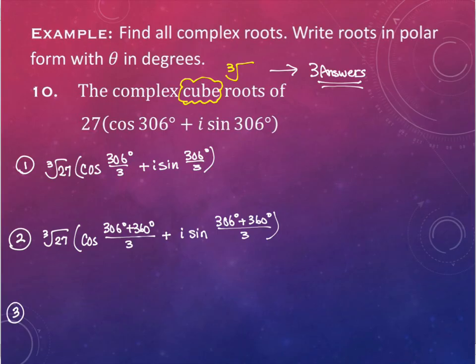Answer number 3, still going to have the cube root of 27 at the beginning. And what's going to happen now is that I'm going to have the cosine, and instead of it being 306 plus 360, it's going to be plus 360 twice. So again, I'm going to write times 2 here.